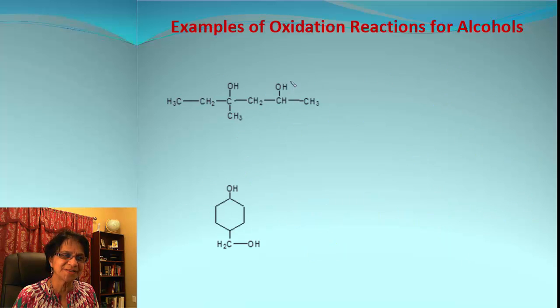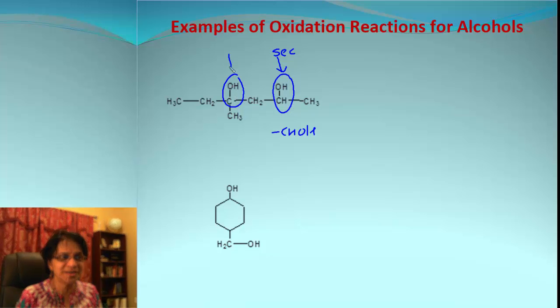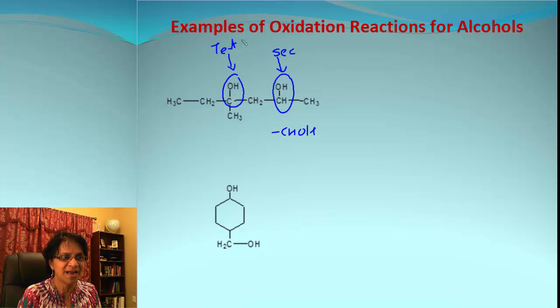How about some more examples? Look at the alcohol here. We got two alcohols. If you look carefully, this is secondary alcohol because we got the group CHOH, and over here the group is tertiary alcohol because there is no extra hydrogen atom. It's just simply COH.